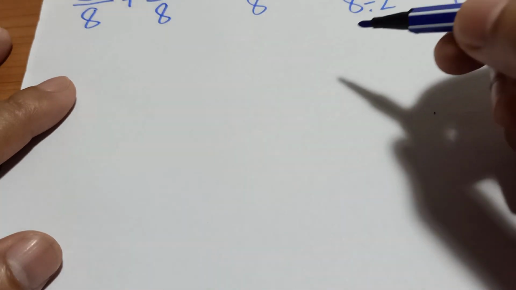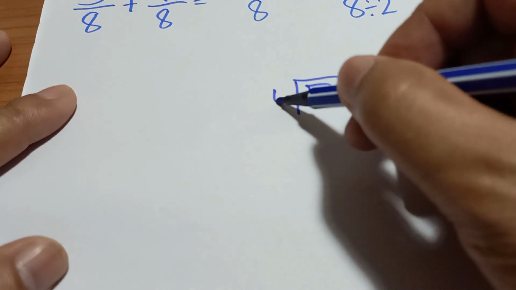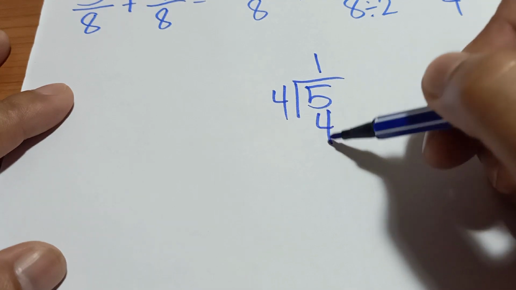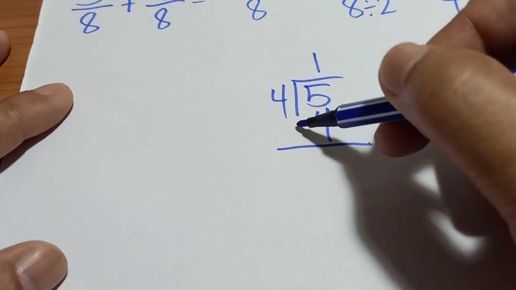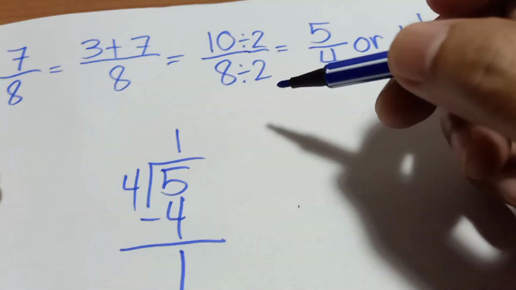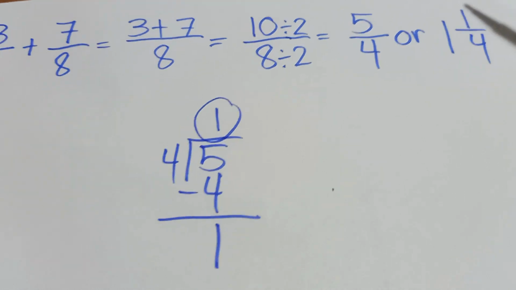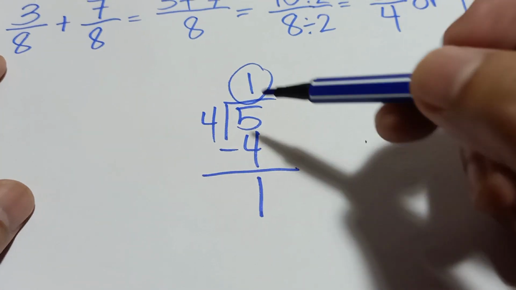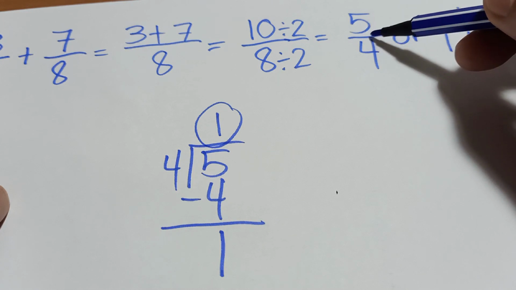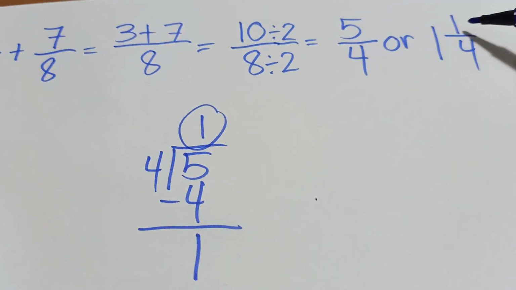If you do the traditional way, 5 divided by 4 is 1, then 1 times 4 is 4, then 5 minus 4 is 1. So you copy this one as the whole number here, and then the remainder is 1 over 4. So when you divide 5 over 4, the answer is 1 and 1/4.